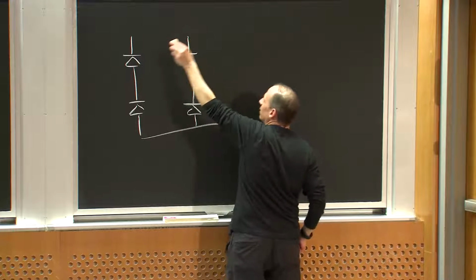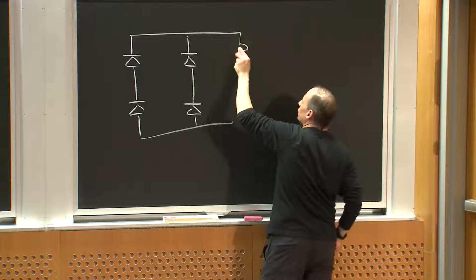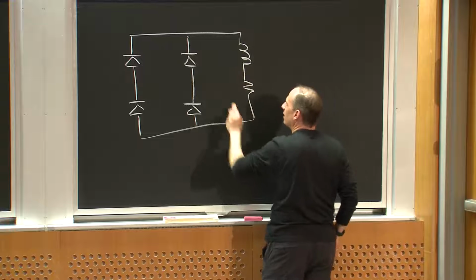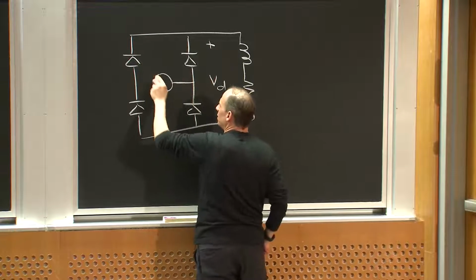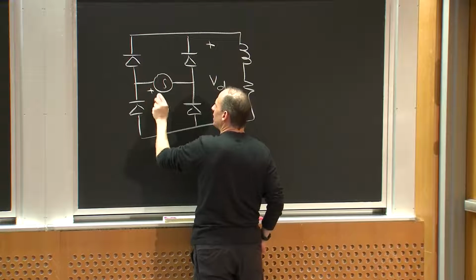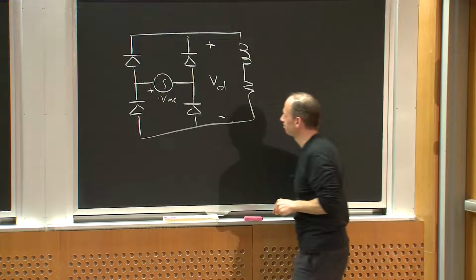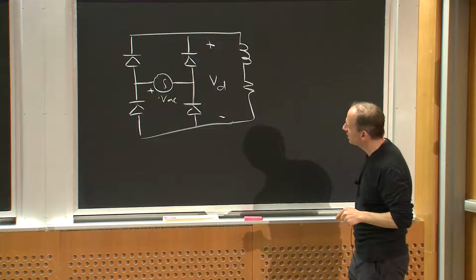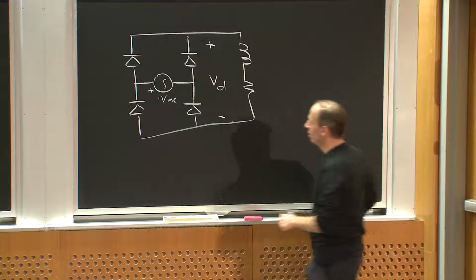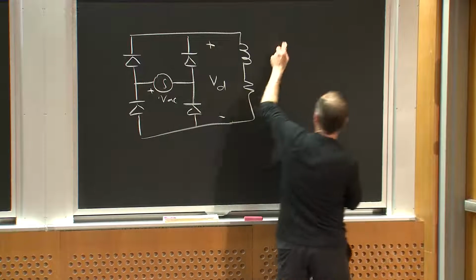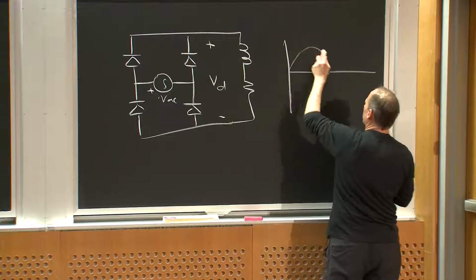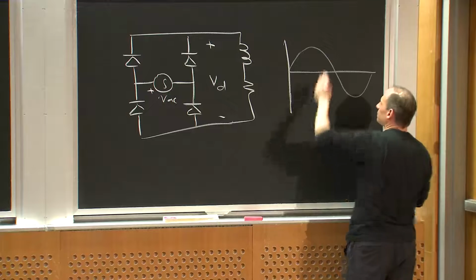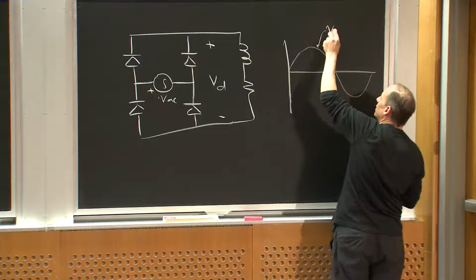It would have an inductive filter, right? And here would be VD, and here would be VAC, right? So what would VD look like in this circuit? When VAC is positive, if VAC looked like this, here's VAC.